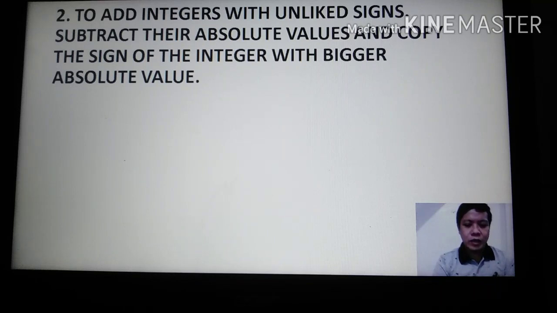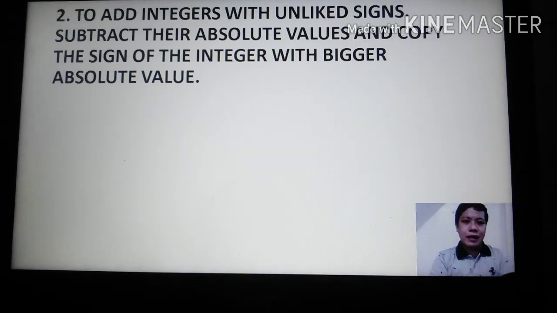The absolute value is the positive value of any integer. Say for instance, negative 7, the absolute value is positive 7. The absolute value of negative 5 is positive 5, so that is the absolute value.